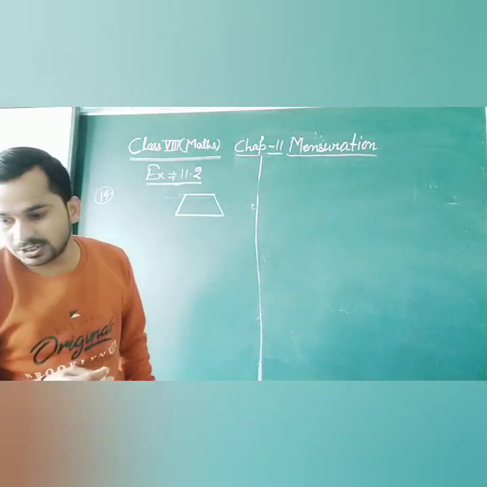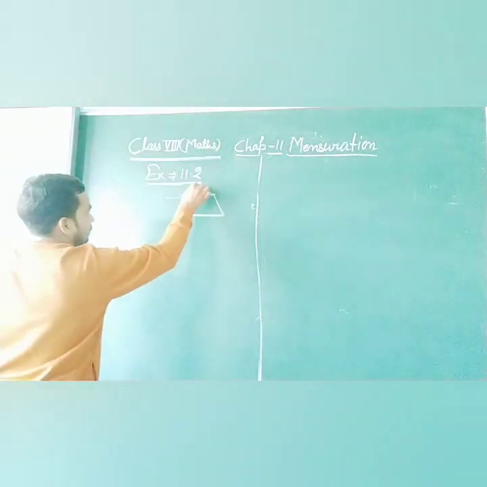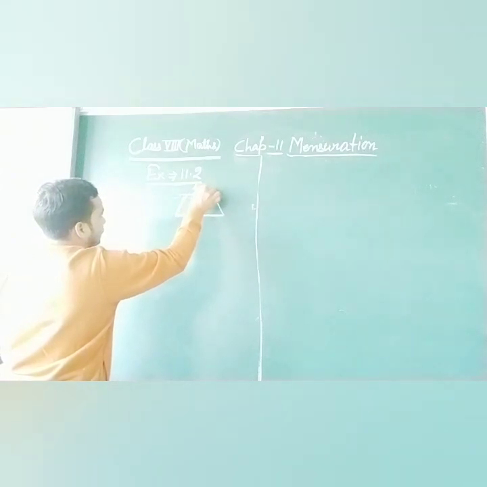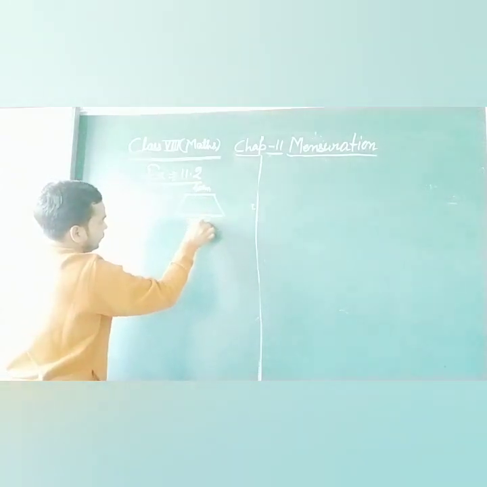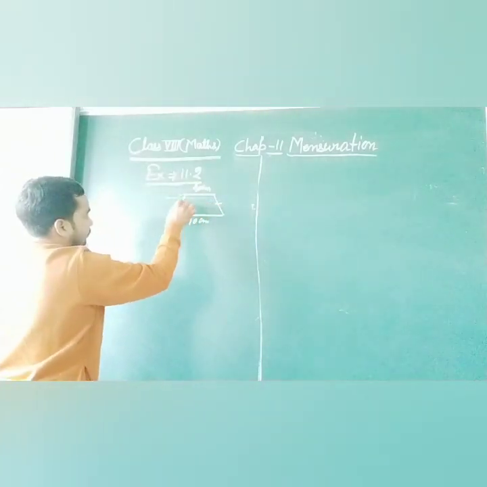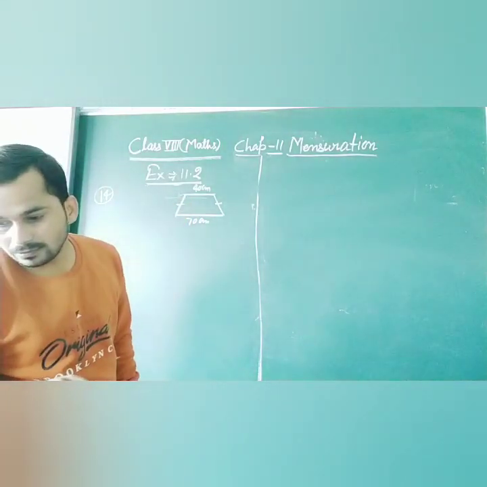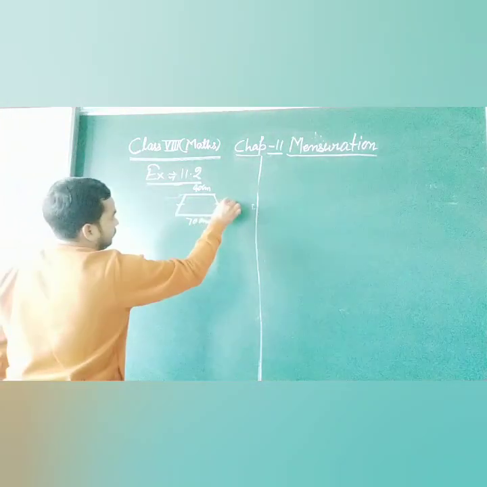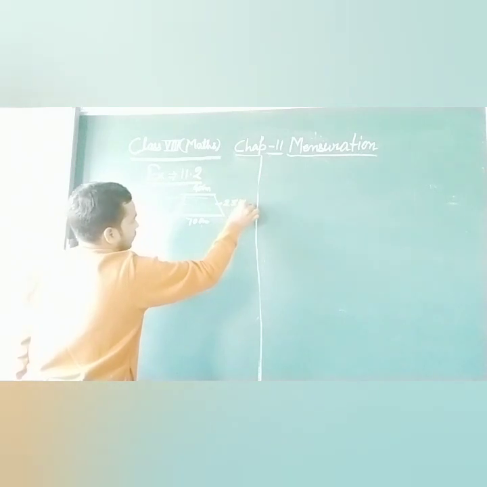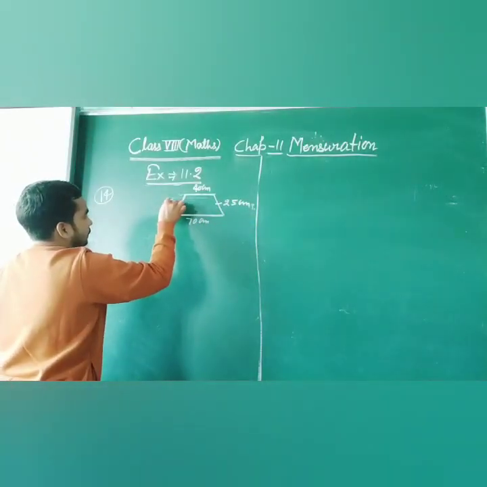So the parallel sides are 40 and 70 centimeters, this one is 40 centimeters and this one is 70 centimeters, and the non-parallel sides are equal, each being 25 centimeters.